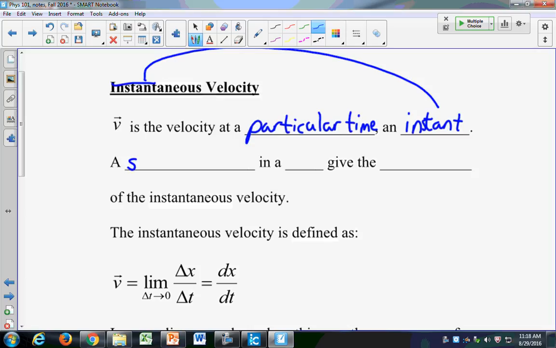A speedometer in a car is the magnitude of the instantaneous velocity. It is the velocity at a particular time, and your speedometer gives your speed at a particular time.